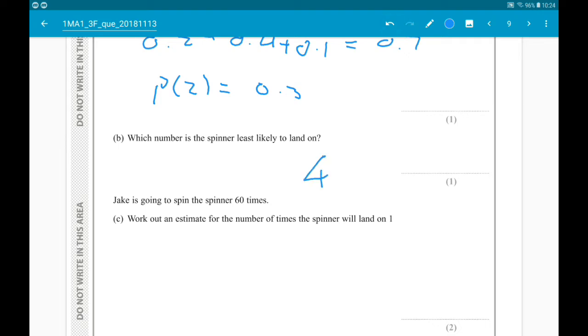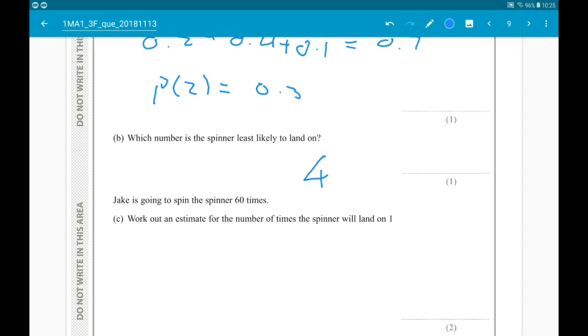Okay, then for part C, we are told Jack is going to spin the spinner 60 times. Work out an estimate for the number of times the spinner will land on 1.